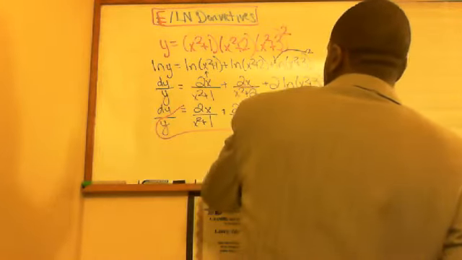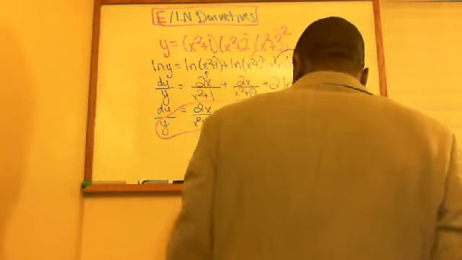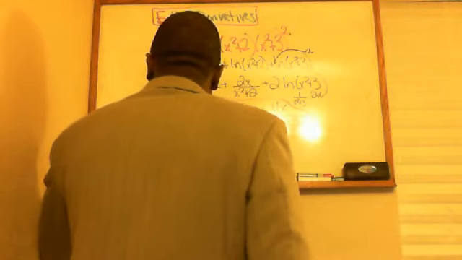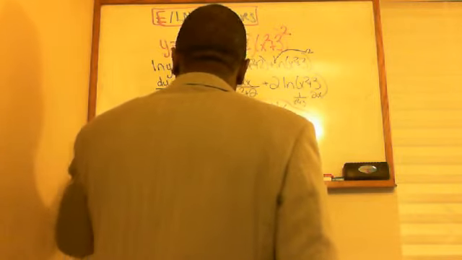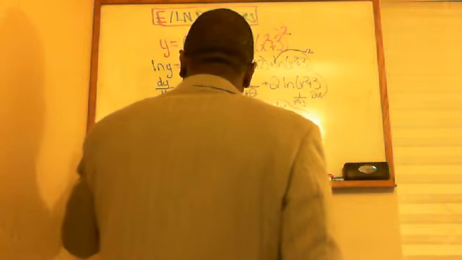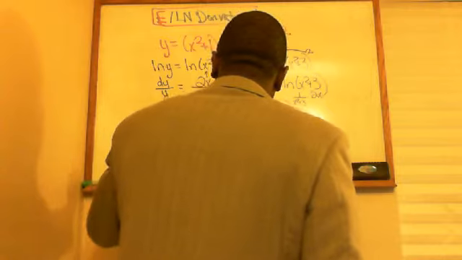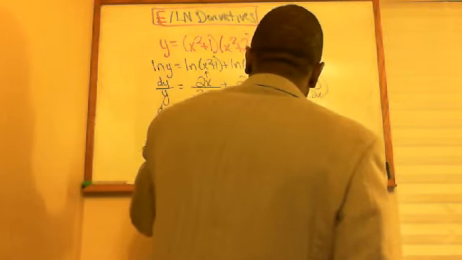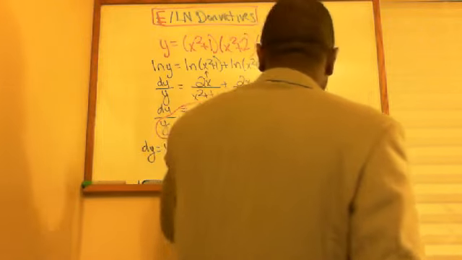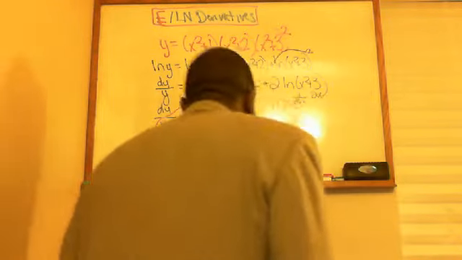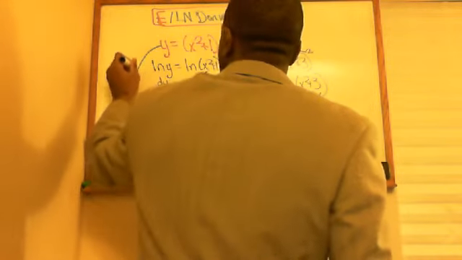All this right here goes together and multiplies. So when I solve for dy, dy now equals y times 2x over x squared plus 1, plus 2x over x squared plus 2, plus 4x over x squared plus 3. Block.